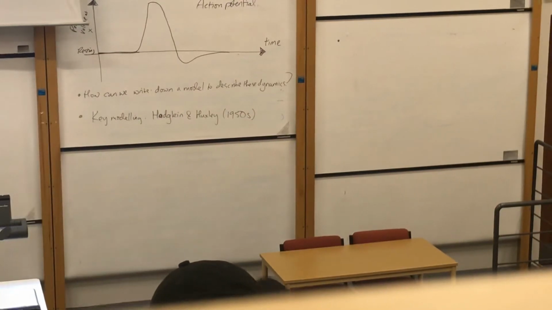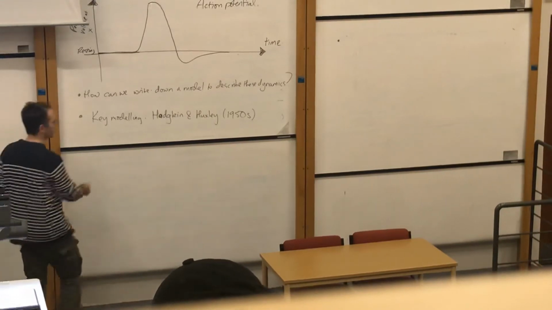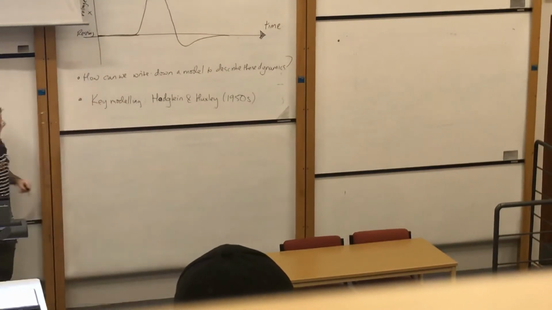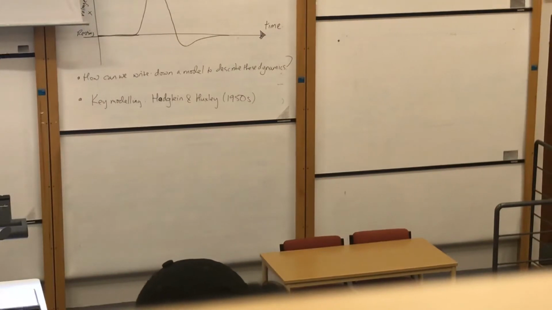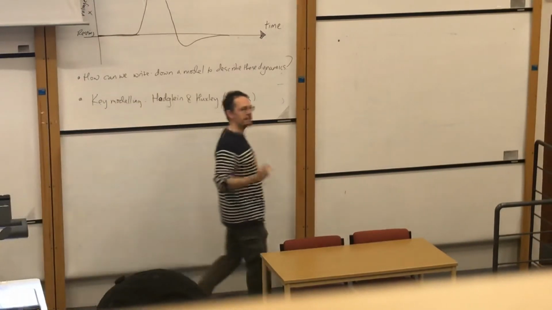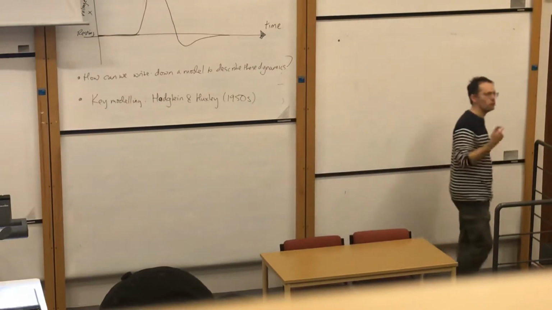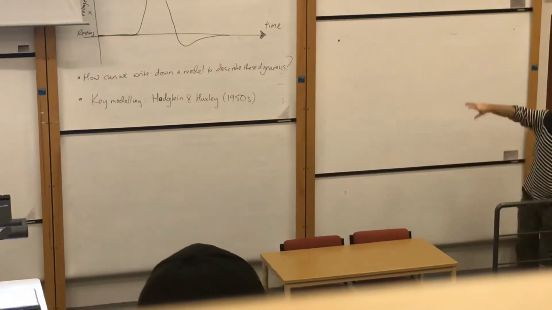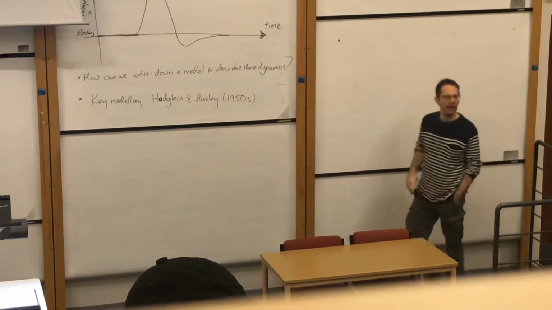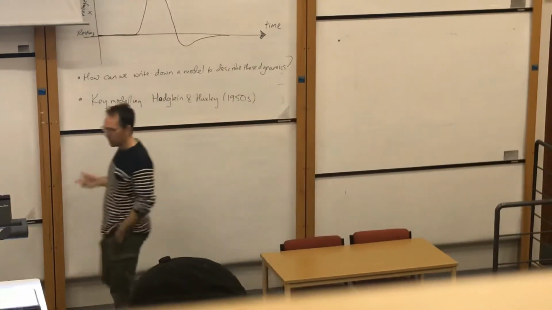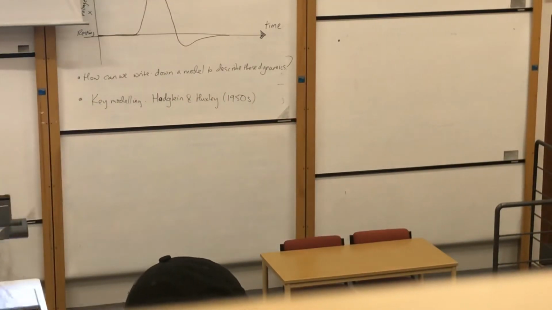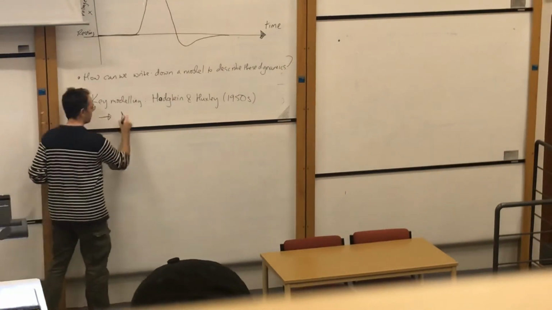They were physiologists themselves, so they were doing experiments, tracking how these dynamics were going on in axons, but also writing down mathematical models based on their experiments to see if they could explain the behavior. And they came up with a model to describe that, and it was absolutely fundamental work. It gave them the Nobel Prize in Physiology.